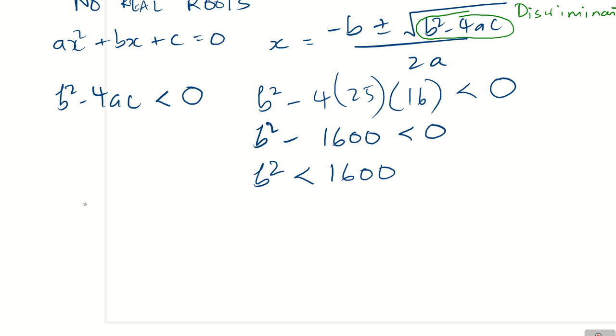And now, like in part A, we find the values which b can have by thinking about what the graph will look like if we try and draw a graph of b squared minus 1600. So we can do it like this. So draw my graph here.